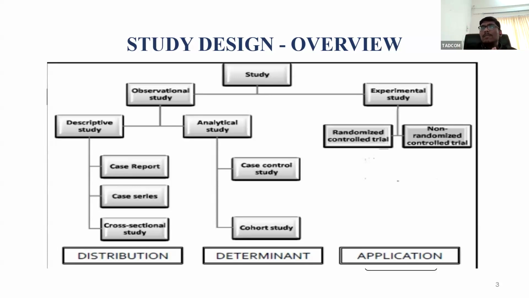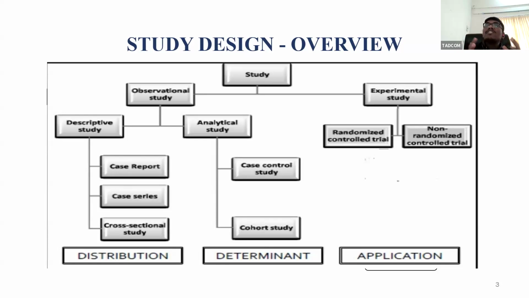We can even calculate the prevalence. That's it. Whereas in case of analytical studies, we tend to identify the determinants. Okay, what were the determinants for this disease to occur in that person? Whether age was associated, whether the socioeconomic status was associated, or any other variable was associated. Okay, so that we tend to find out using this analytical study design.